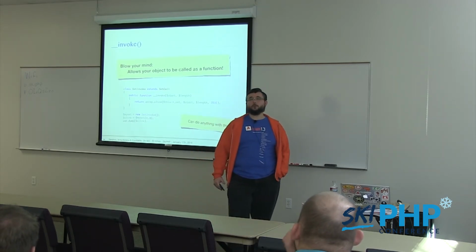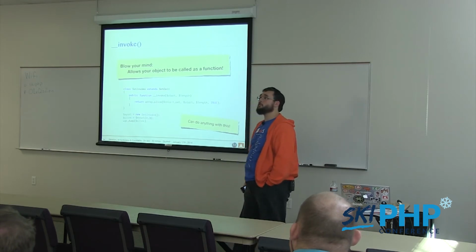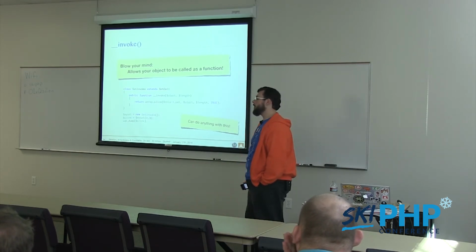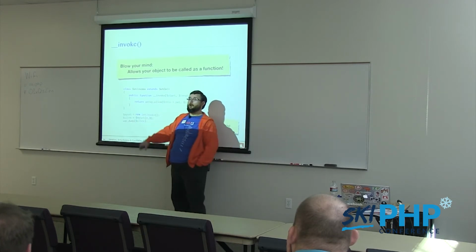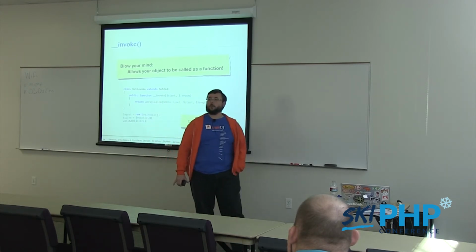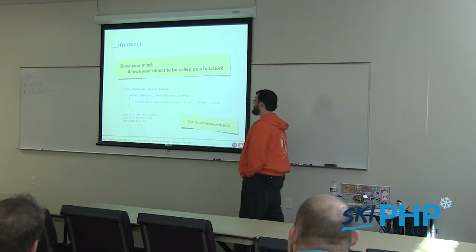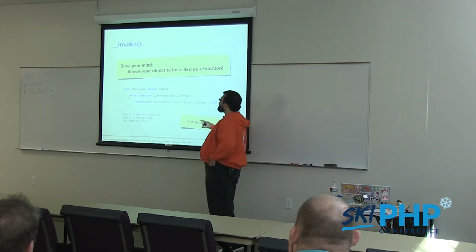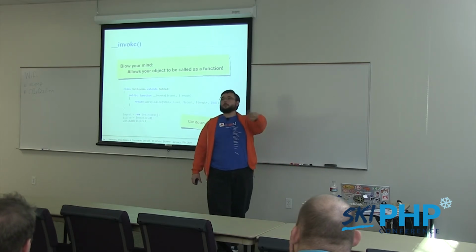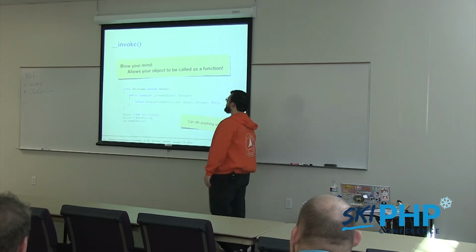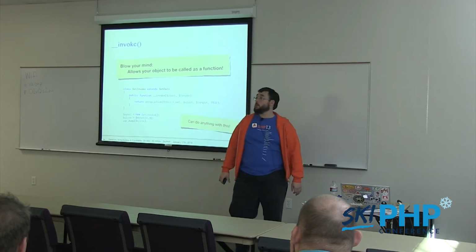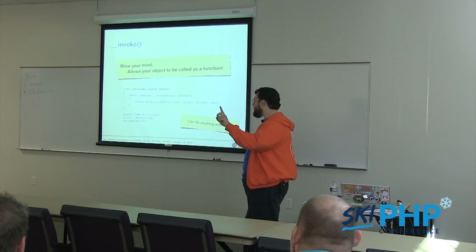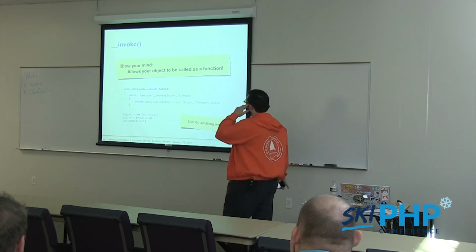You just invoke your object as if it was a function, and magically something happens. What happens magically is that the function __invoke gets called for you. You're calling it by its own name. You can only make one of these, but it can do anything you want. It can take any number of parameters you want. You're allowed to define that. But you can only make one, so choose wisely.